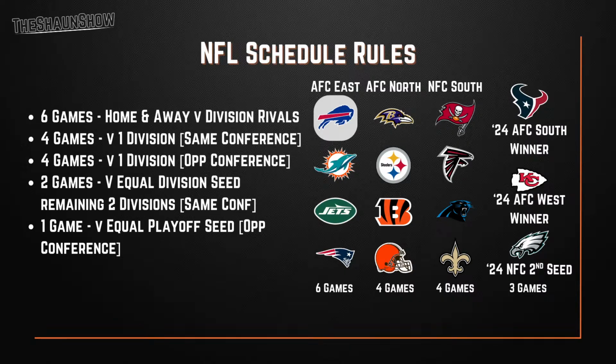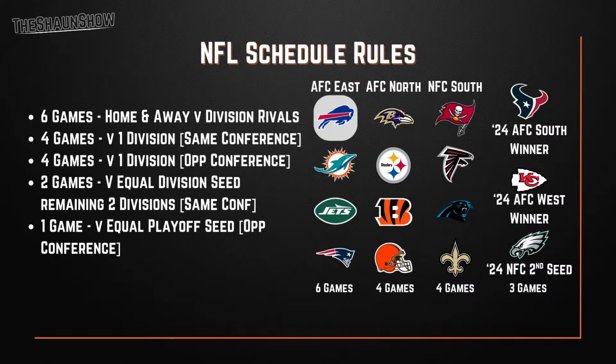They will play 2 games against the equal division seed of the remaining 2 divisions in their conference. What that means is the Bills came first in their division, the AFC East. They have played all the teams, or they will play all the teams in the AFC North. So there are 2 remaining divisions in their conference that they have not encountered, and that's the AFC South and the AFC West.